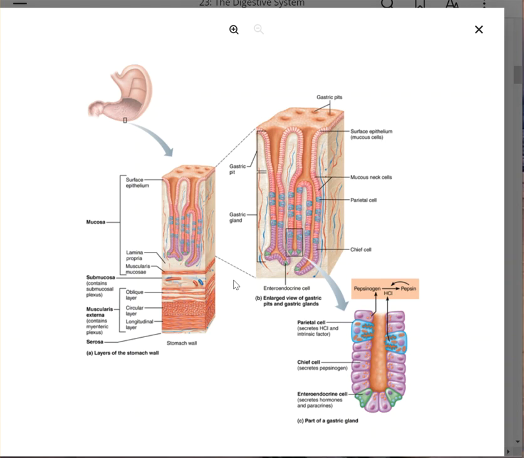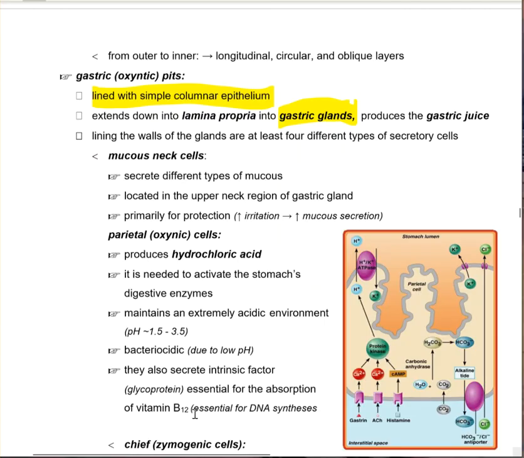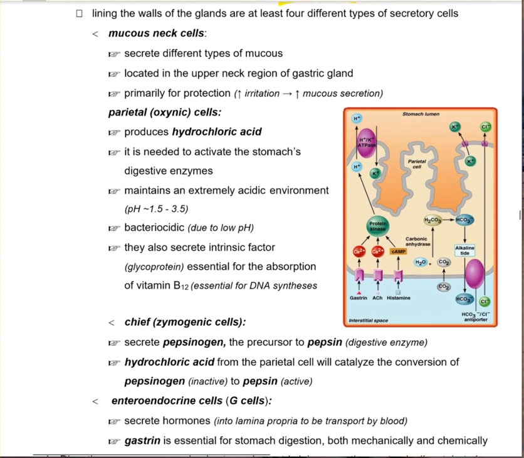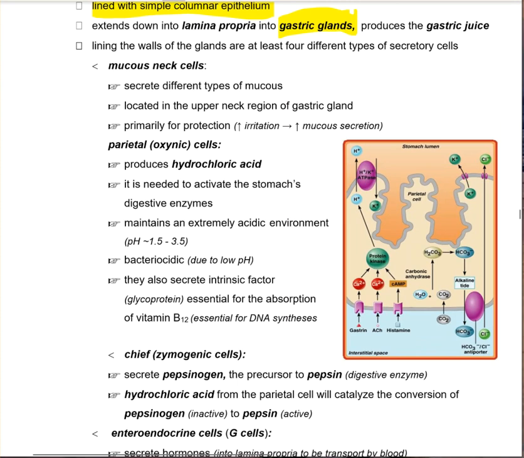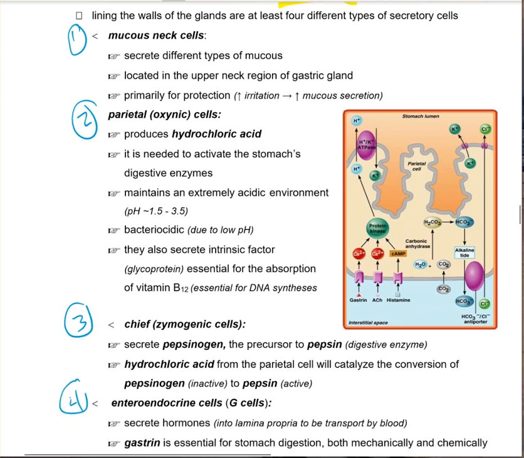On your notes, you're going to notice that there are mucosal neck cells. There are parietal or oxyntic cells. There are chief cells. And then there are enteroendocrine cells, G cells. So we have 4 different secretory cells. 1, 2, 3, 4. Okay, so now let's look for all of those on that picture in just a minute.